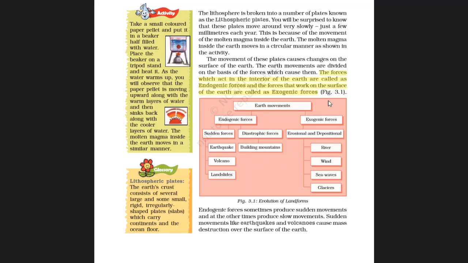Those forces which act inside the earth are called endogenic forces, whereas those forces that work on the surface of the earth are called exogenic forces.